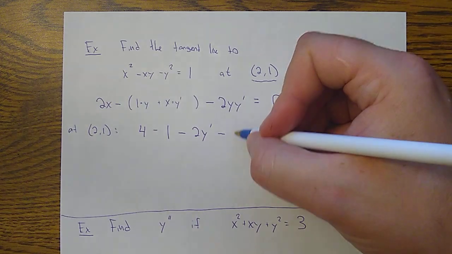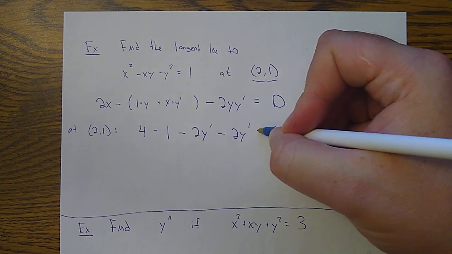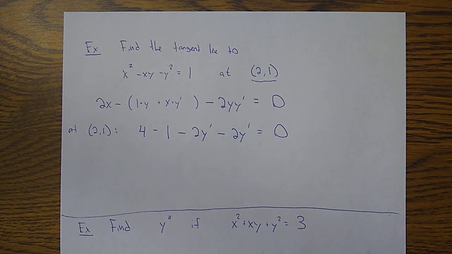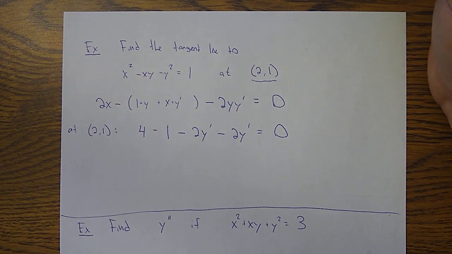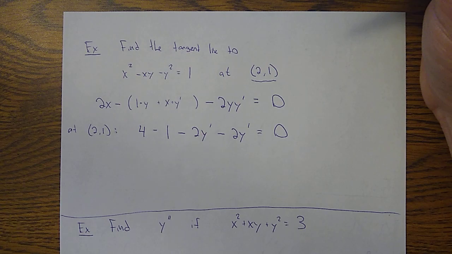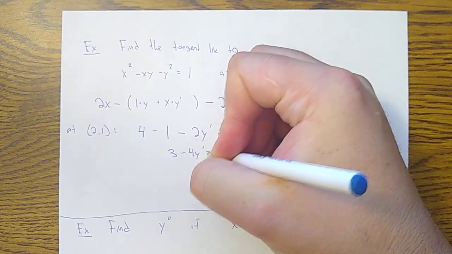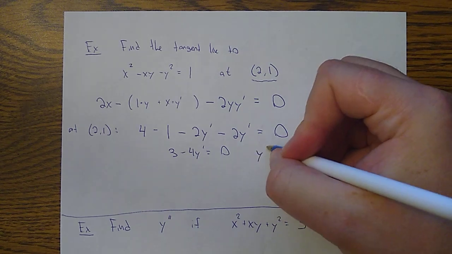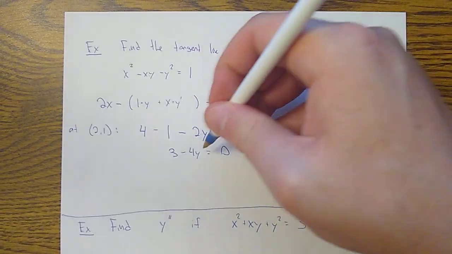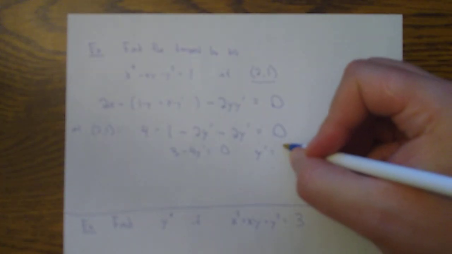Okay, y is 1, so that's another 2y prime equals 0. Now it's a lot easier to solve for y prime. I just have a bunch of numbers. So this is 3 minus 4y prime equals 0. So I would get this over and divide. Y prime would be 3/4.